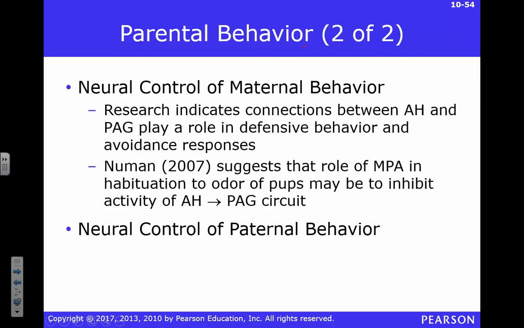Most of what we think about when we study behavior is maternal behavior. We don't think about paternal behavior as much. Not all species have the males involved in care of the offspring. For mammals, though, the mother has to take care, at least for some period of time, because of the milk production and feeding, right? And so you're kind of tied to that for a while.